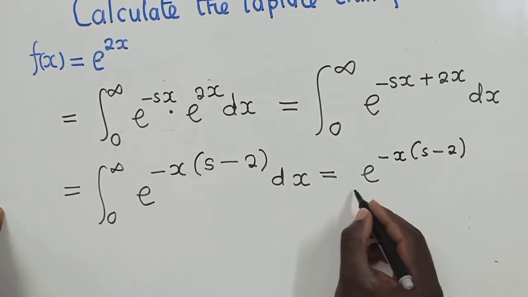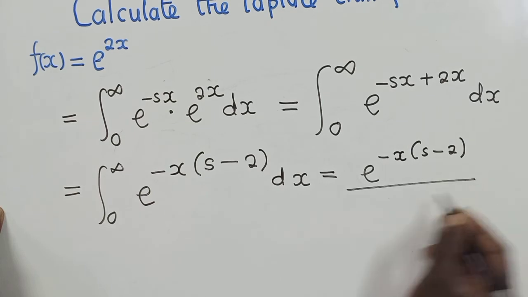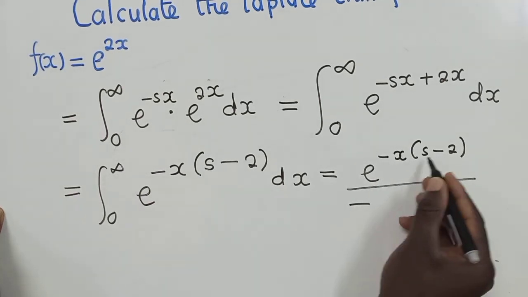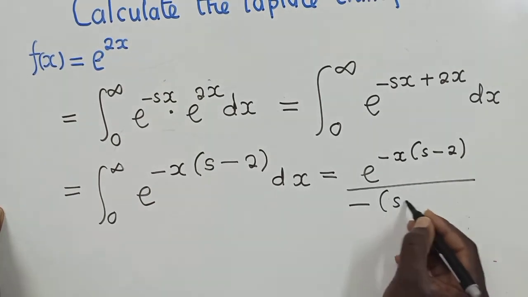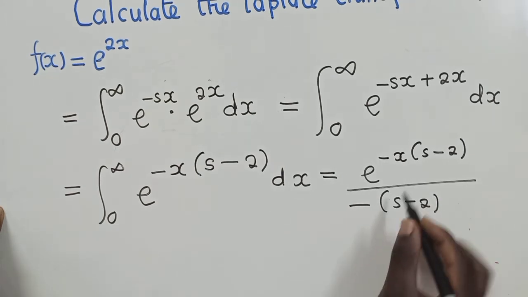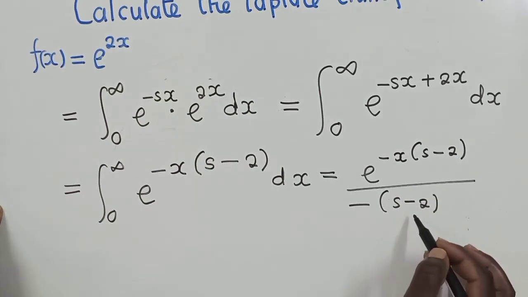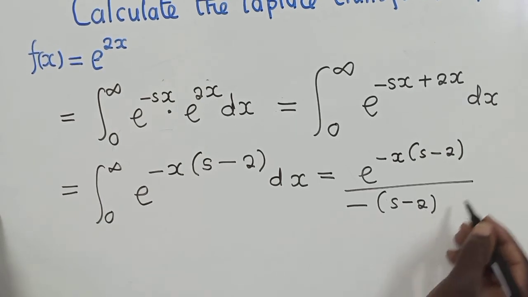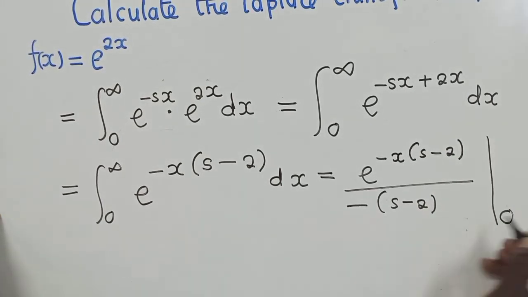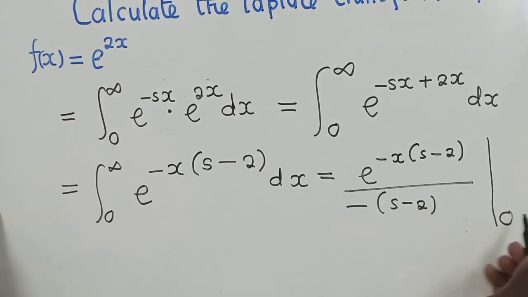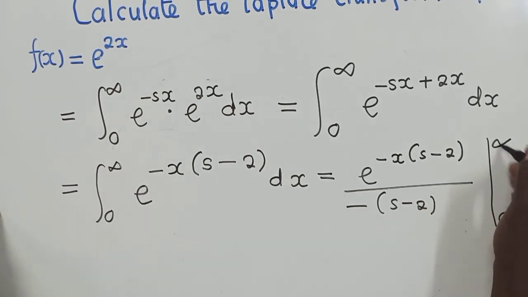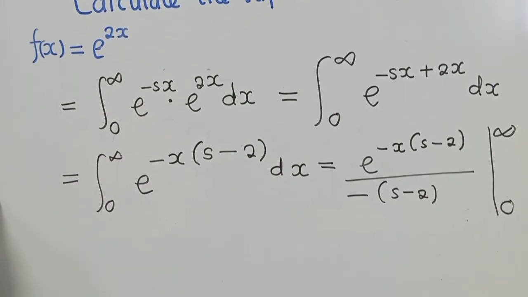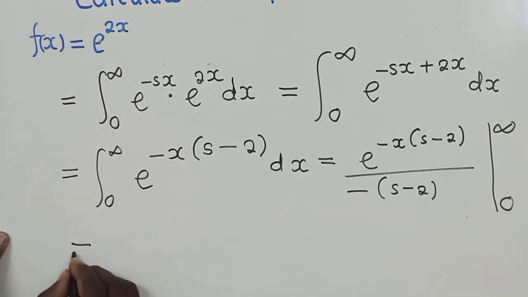So now divide by a negative and this. Leave the x. That's what I just said. So now, once you do this, don't forget the limits. We have lower limit 0 and upper limit infinity.